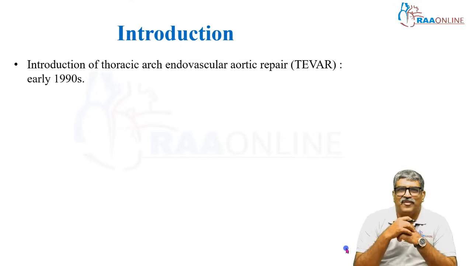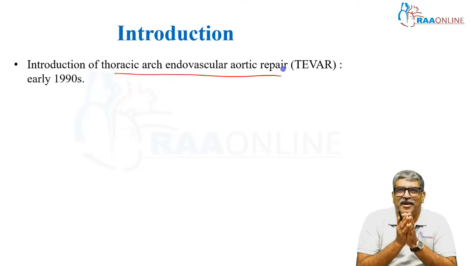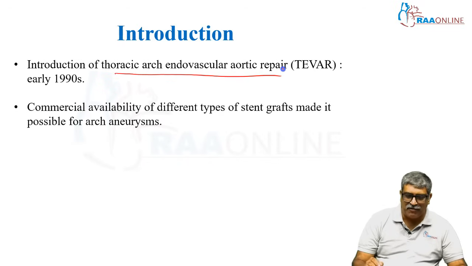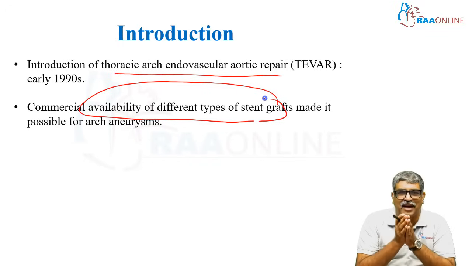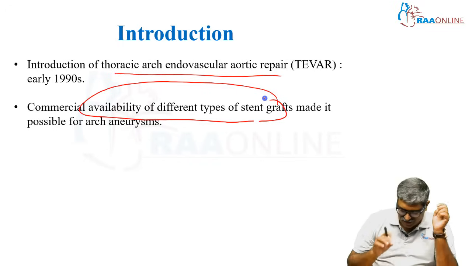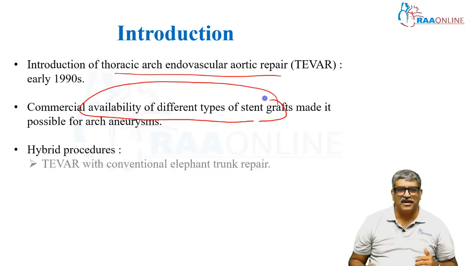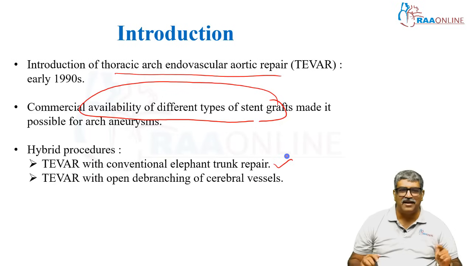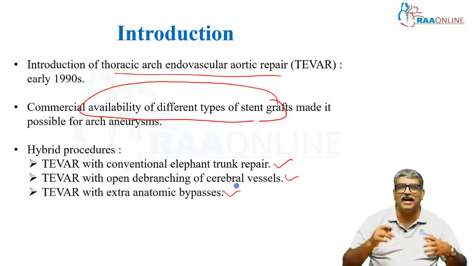Introduction of thoracic arch endovascular repair started way back in the early 1990s. Commercial availability of different types of stent graft made it possible for arch aneurysm, and hybrid procedure includes TEVAR with conventional elephant trunk repair, TEVAR with open debranching of cerebral vessels, and TEVAR with extra anatomic bypass.